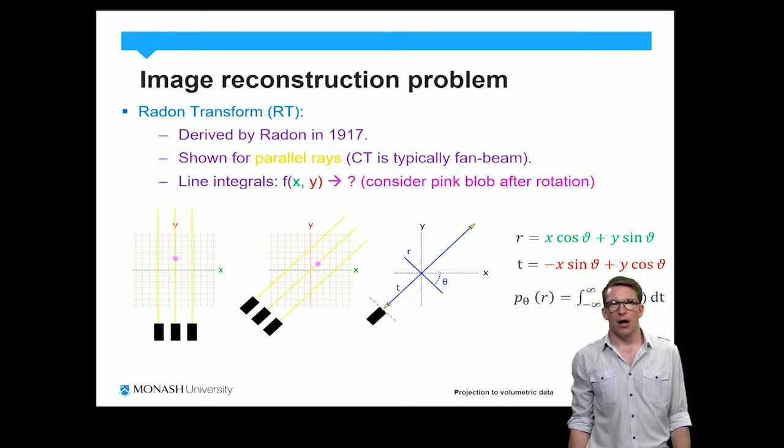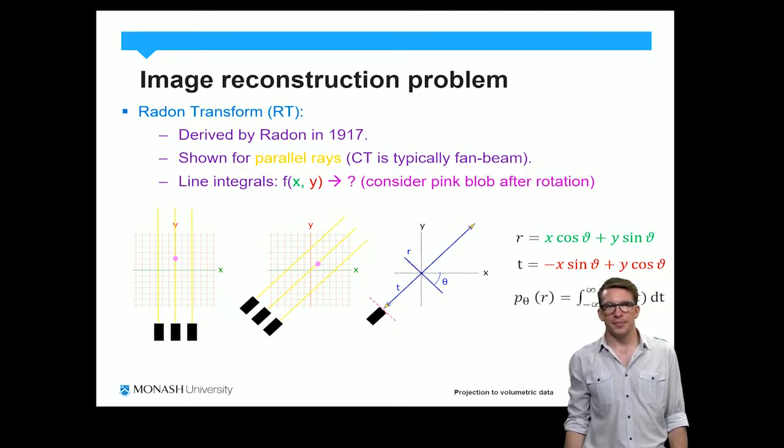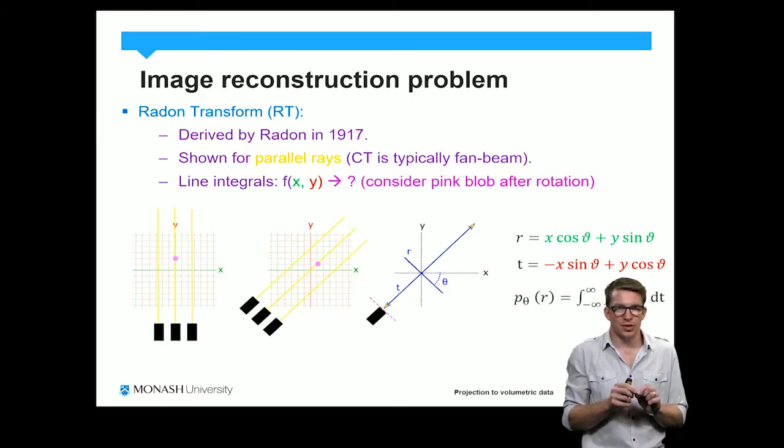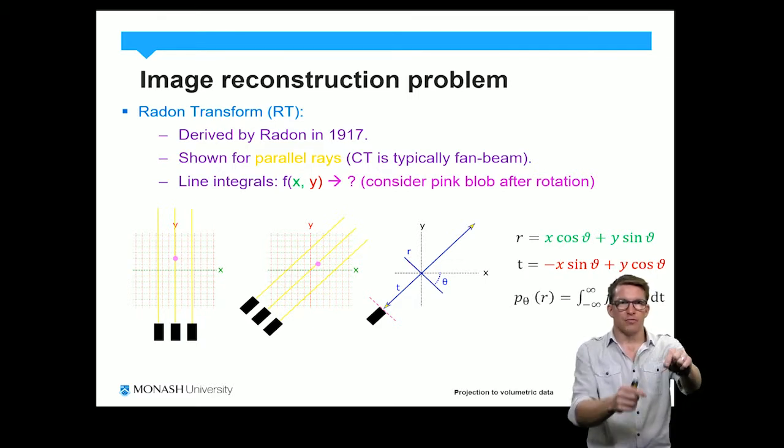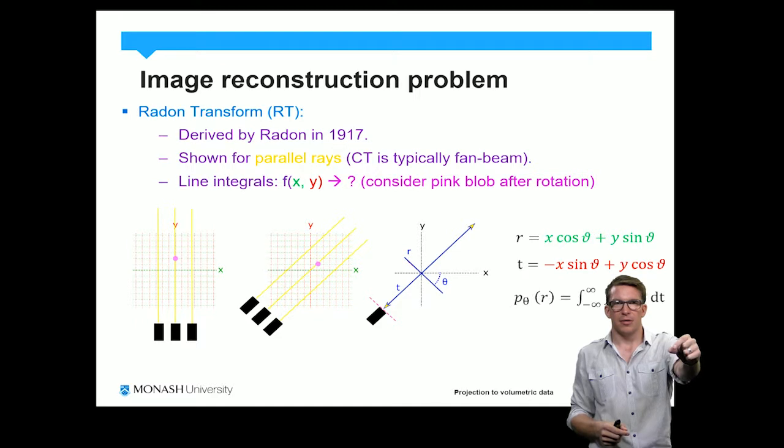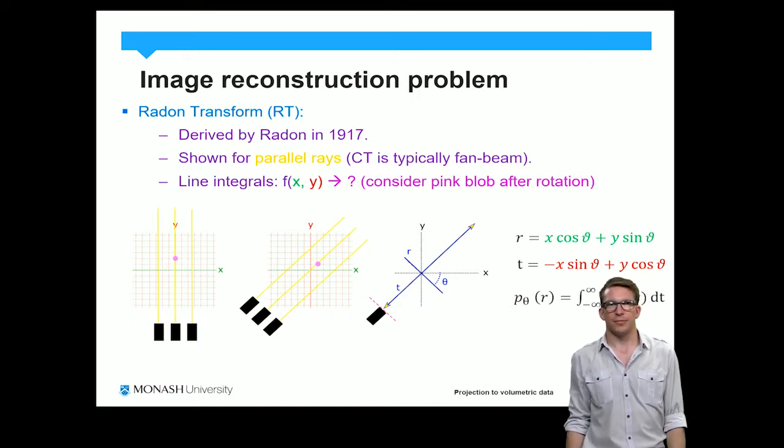So we know that our reconstruction is going to be on a Cartesian grid, and that Cartesian grid is related to the cylindrical geometry of the scanner, and we talk in terms of these ray paths, which are line integrals. So the X-rays integrated along a line result in the detected intensity in the detector channel.